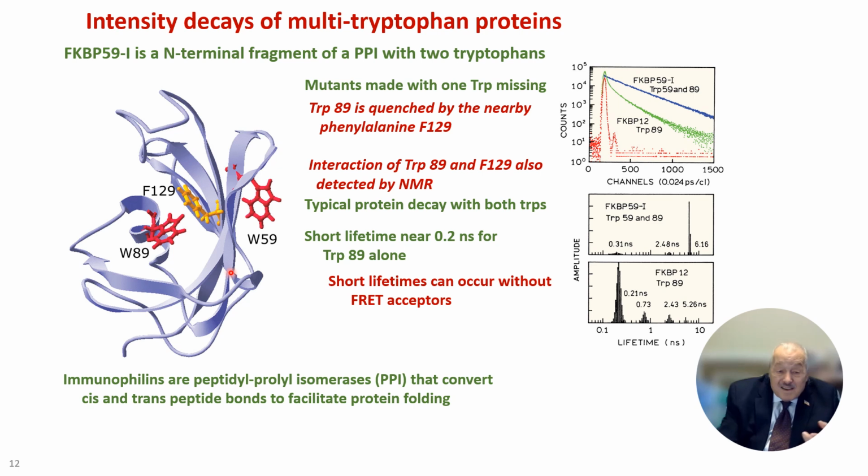That just didn't seem reasonable to me, because the phenylalanine is nonpolar and the tryptophan is polarity sensitive, but this is certainly the way it is. So short lifetime components can appear even if you have no other absorbing groups in the protein.